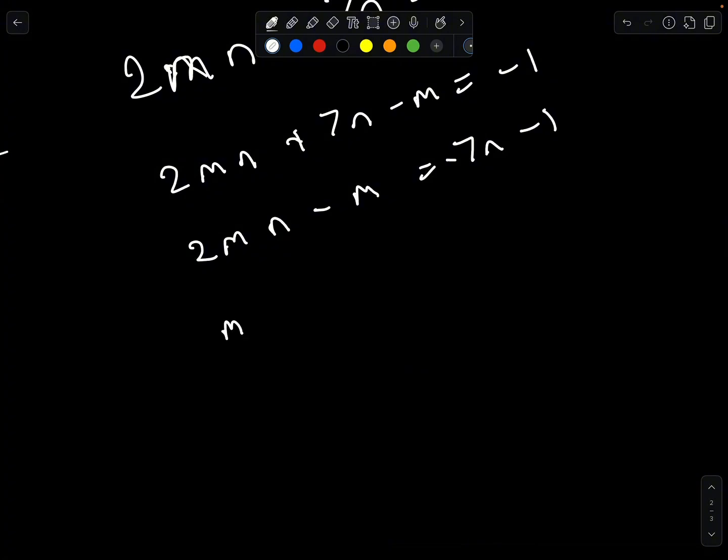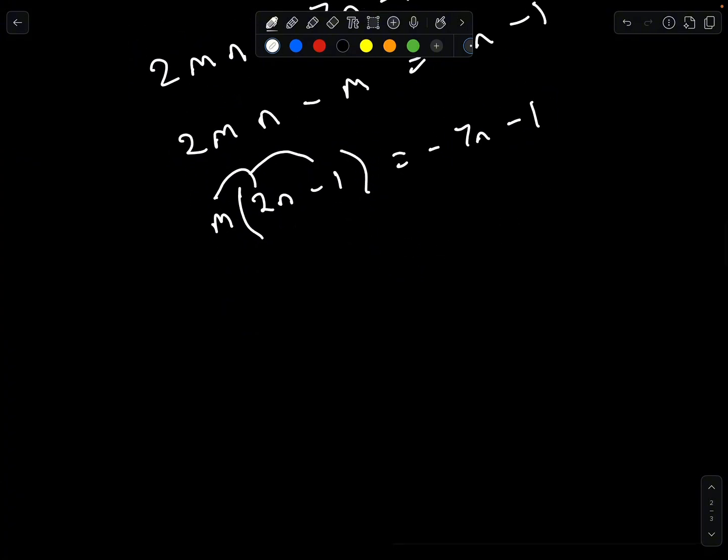So we have 2 brackets, n brackets 2m minus 1, because obviously n times 2m equals 2mn, and then n times minus 1 equals minus n. And that equals minus 7n minus 1.